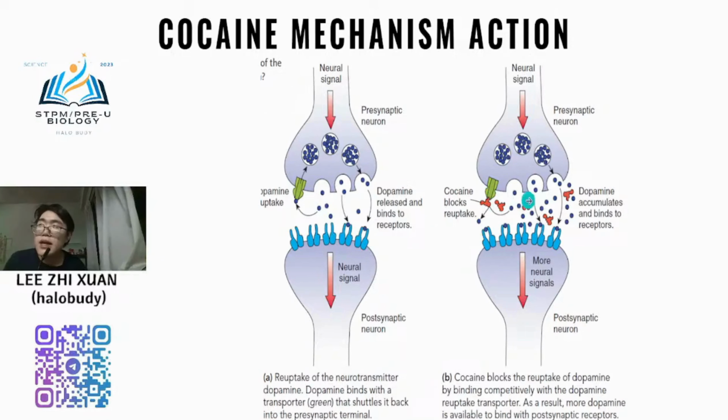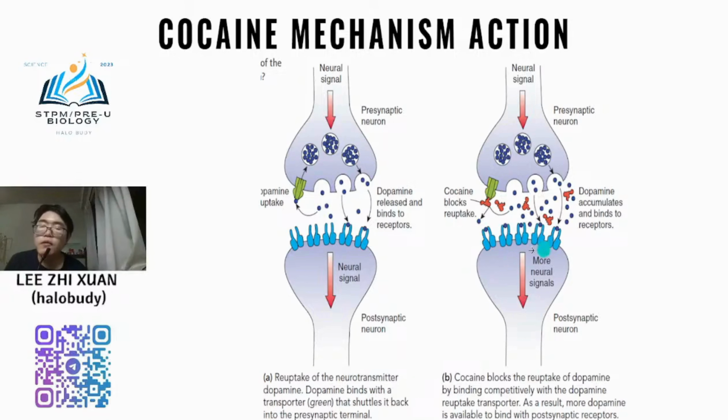So that is why people who consume cocaine are very highly energetic compared to normal people. And why does it cause addiction? In the normal situation, when the postsynaptic membrane receives the abnormal signal from the dopamine, the receptors will be reduced.